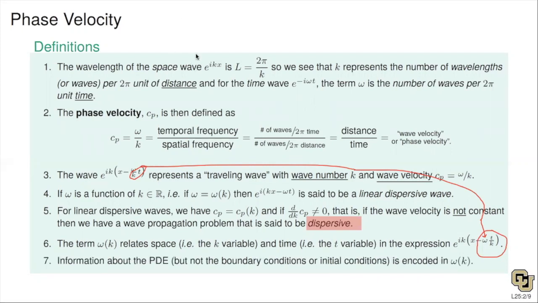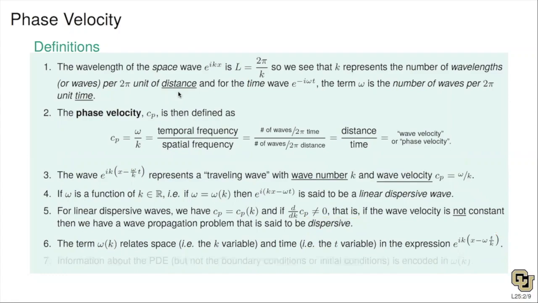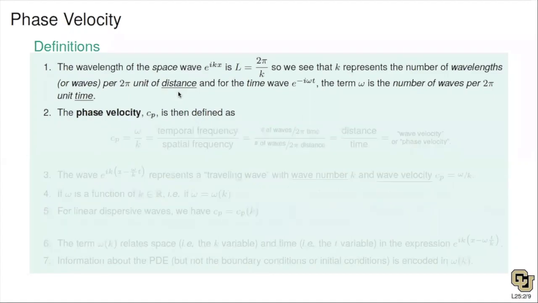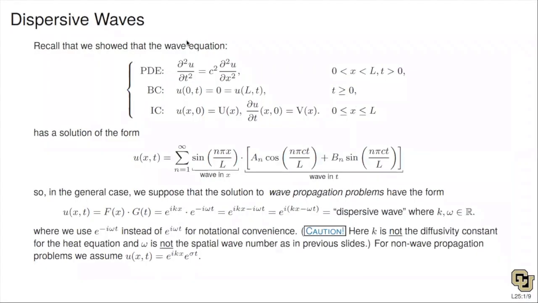And once we make this assumption, if we can successfully solve for omega in the dispersive equation, then we can successfully find a solution. So let me just remind you, and then I'll stop. What we're going to do next time is take this dispersive wave and plug it into the PDE.